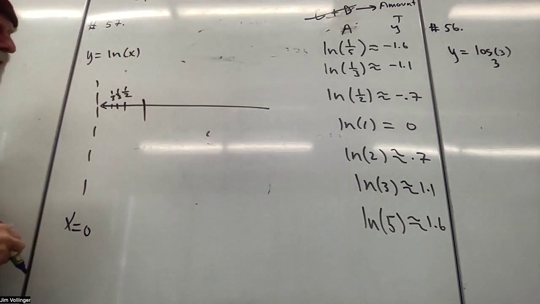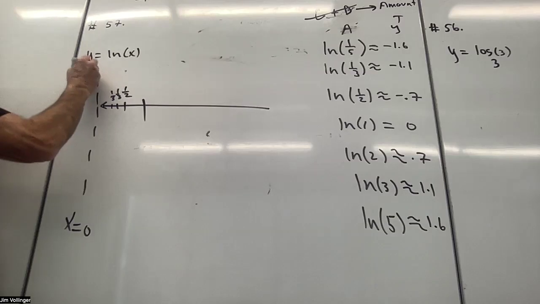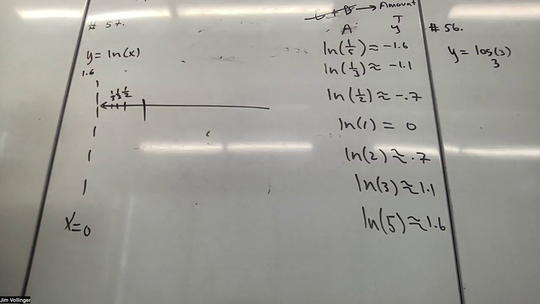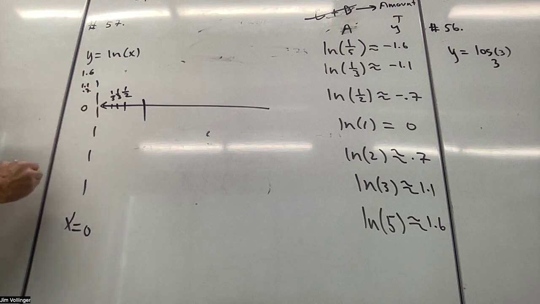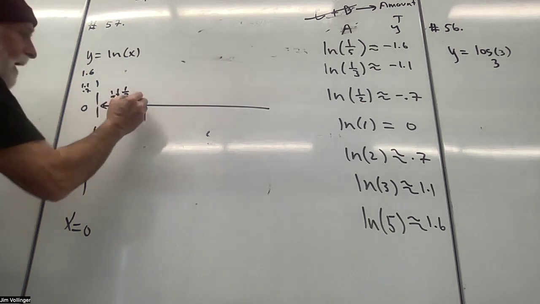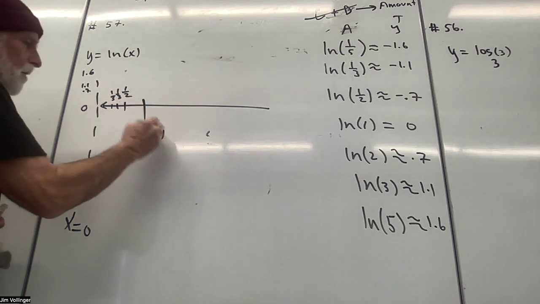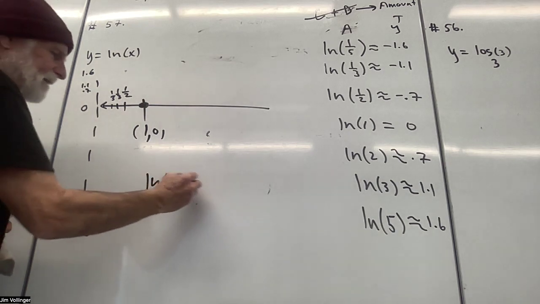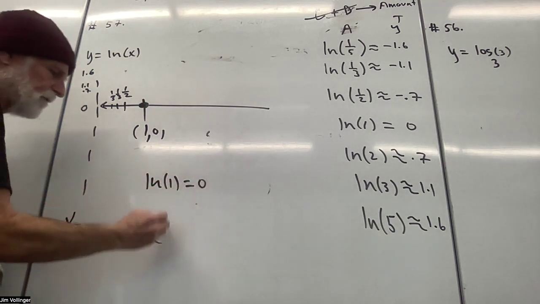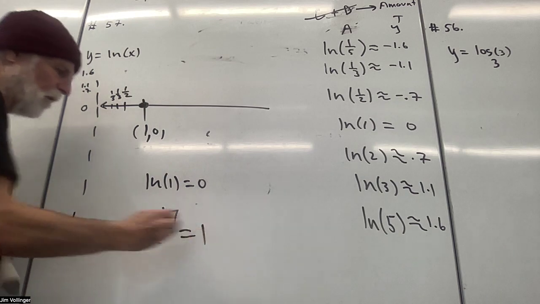Well, the biggest number I have over there is 1.6. So why don't we call this 1.6? Let's go with 1.1. Let's put 1.1. If this is 0, 1.1 is about here. 0.7 is about there, right? And so at 1, we get a 0, because the ln of 1 is asking the question, what do you put on top of E to get 1?